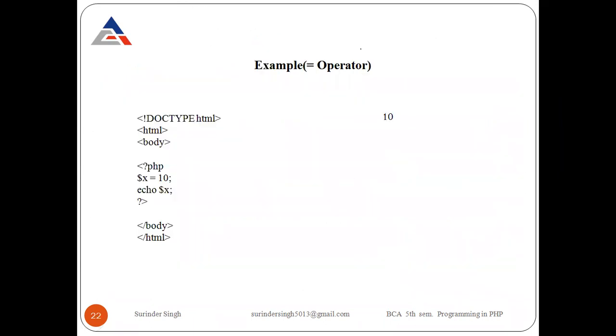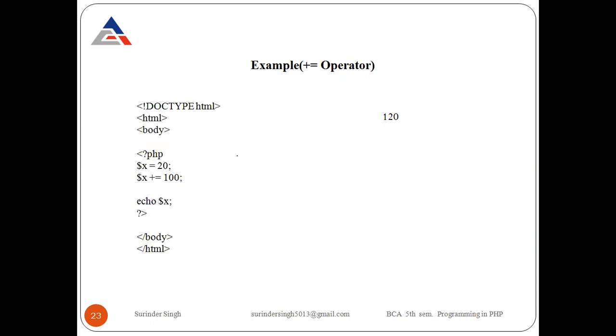Here is the example of simple assignment. We have the variable x, assign the value 10 to it and print x. And this is the add and assignment operator example. Here we have x equal 20 and we are doing add and assignment.